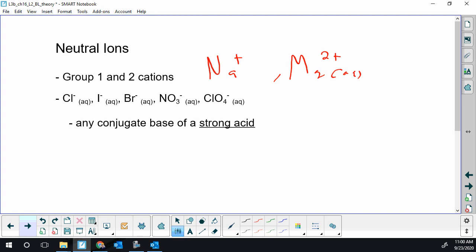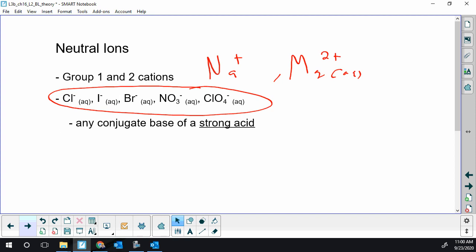The second, slightly more confusing, is this list, because they're all on your table, in the base column. We've got perchlorate, iodide, bromide, chloride, nitrate. They're under the base section, but they're up here where the strong species are.